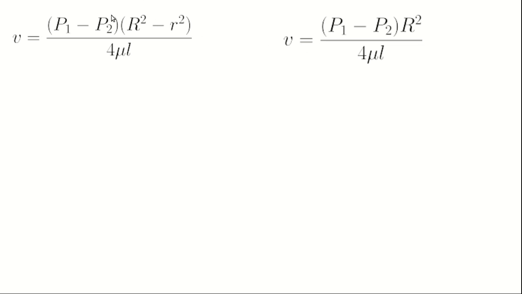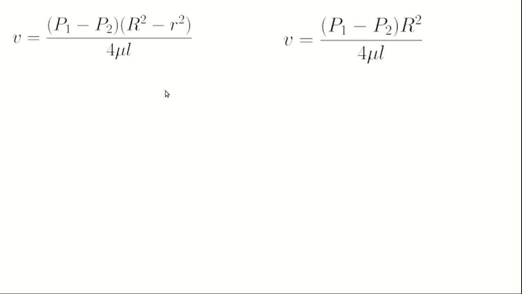So we can either use this or this, depending on the configuration of the pipe. If the pipe is very thin, just use this. If it is thick, where there is a difference between the inner circle and the outer circle, then we use this particular one. I hope that's okay.